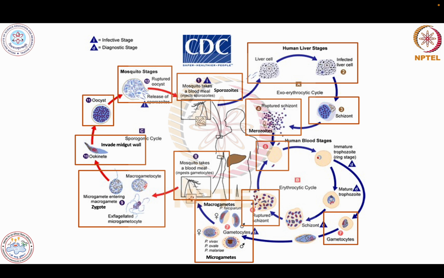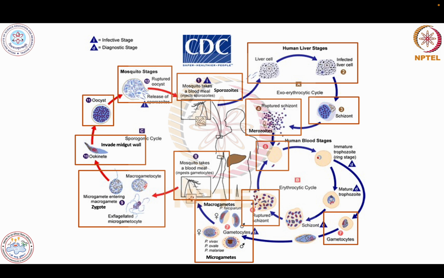These sporozoites go to liver cells, and in the human liver stage they infect liver cells, and from there they form a schizont phase. From this schizont phase they get ruptured, and merozoites get out. Then it enters the human blood stage.